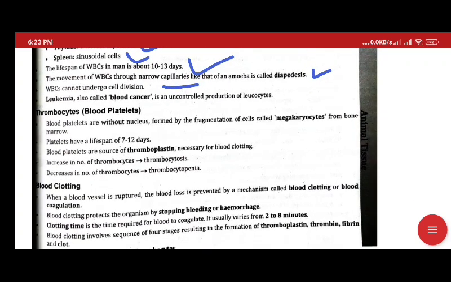That is called diapedesis. WBC cannot undergo cell division. Leukemia is what? Blood cancer, meaning increased WBC and decreased RBC.